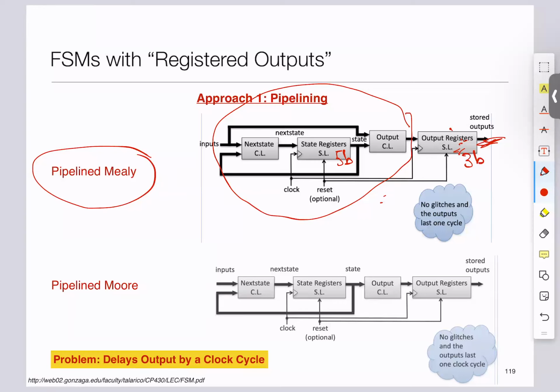This top design: I took a Mealy machine with a 5-bit state register and it had 3 outputs. So I added 3 flip-flops at the output to get my property that all outputs are coming from some flip-flop. How many states can this upper design have? How many flip-flops does it have?